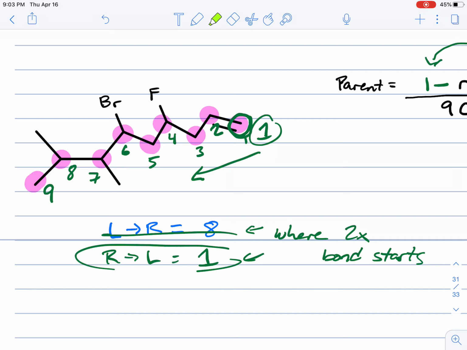So there are a lot of things that are not highlighted in pink. Fluorine is one of them, bromine is one of them. These two methyl groups are some of them. So let's go ahead and start describing their position, now that we have the numbering system down for carbon in our parent chain. It looks like on the fourth carbon we have a fluoro.